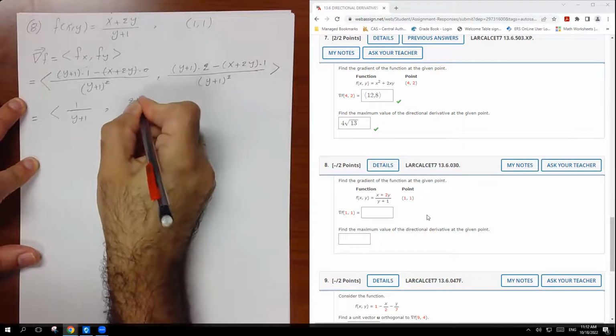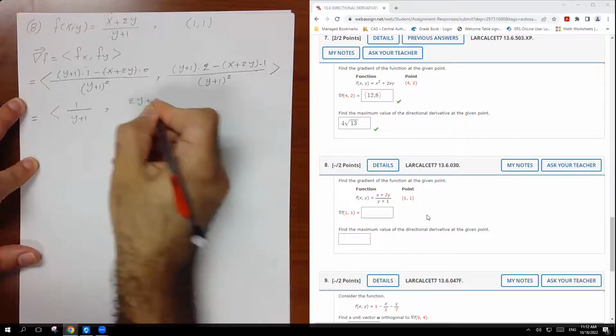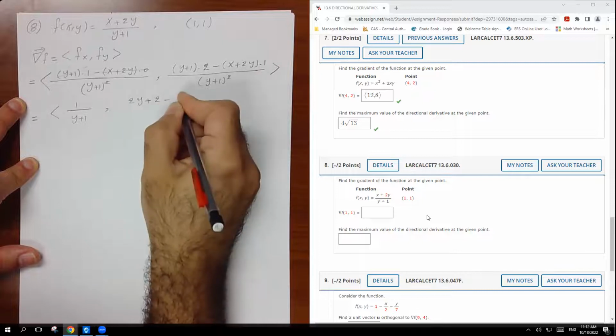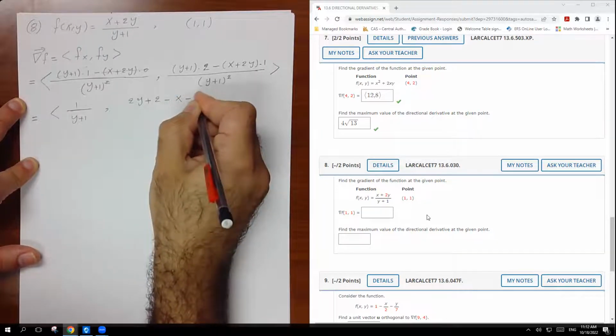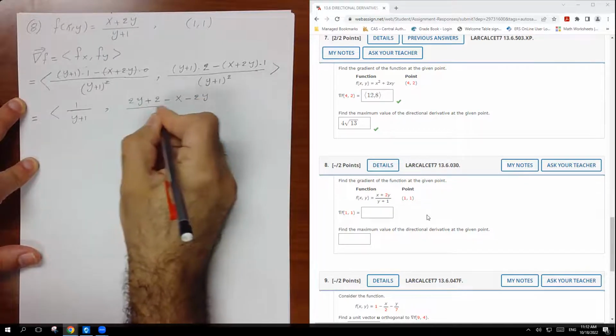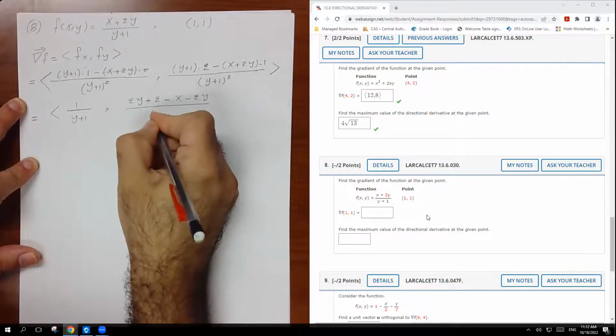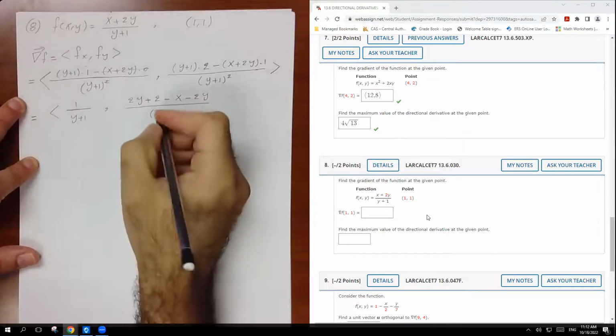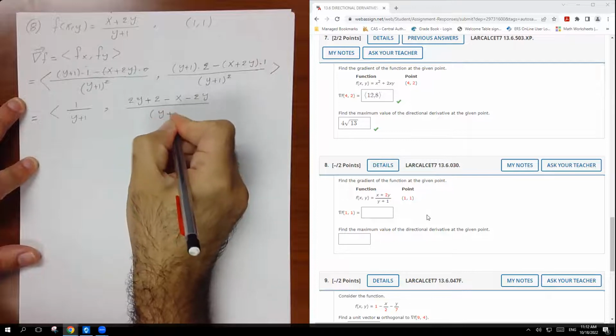So it's going to be 2y plus 2 minus x minus 2y, and everything over y plus 1 squared.